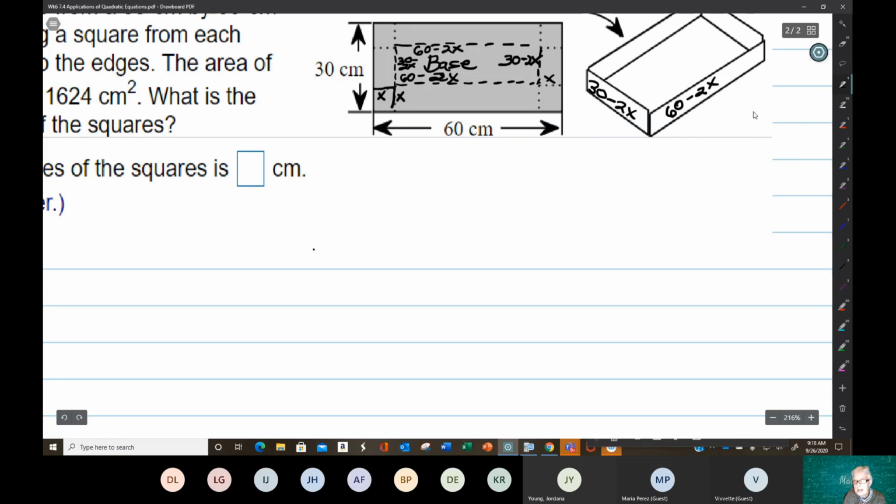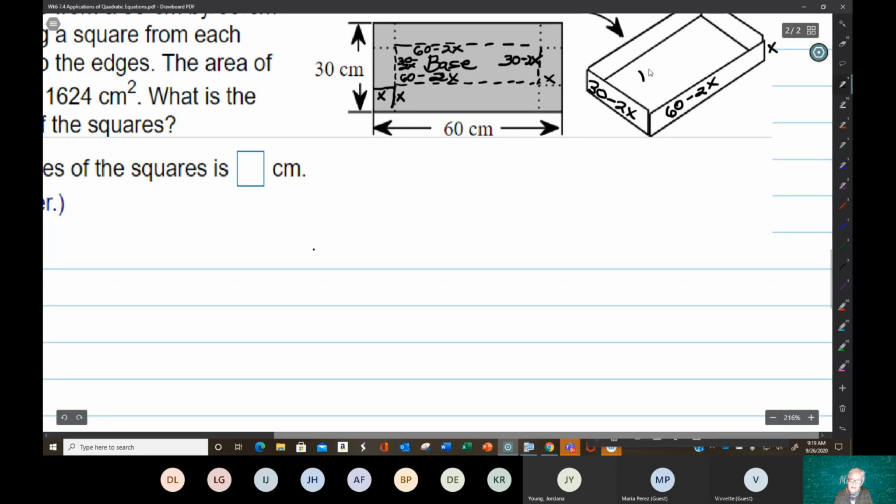Meanwhile, of course, it's X centimeters high, but we're not being asked about the volume. We're just being asked about the area of the base, which we're told is 1,624 square centimeters.